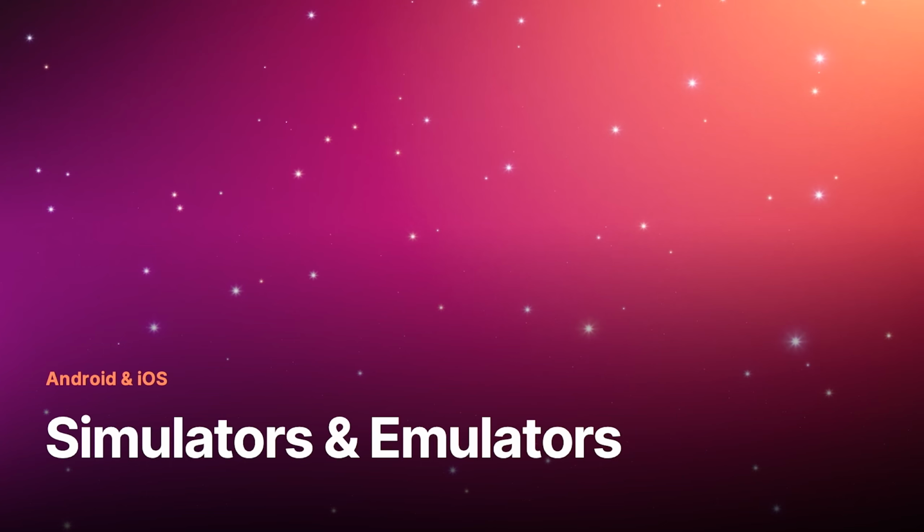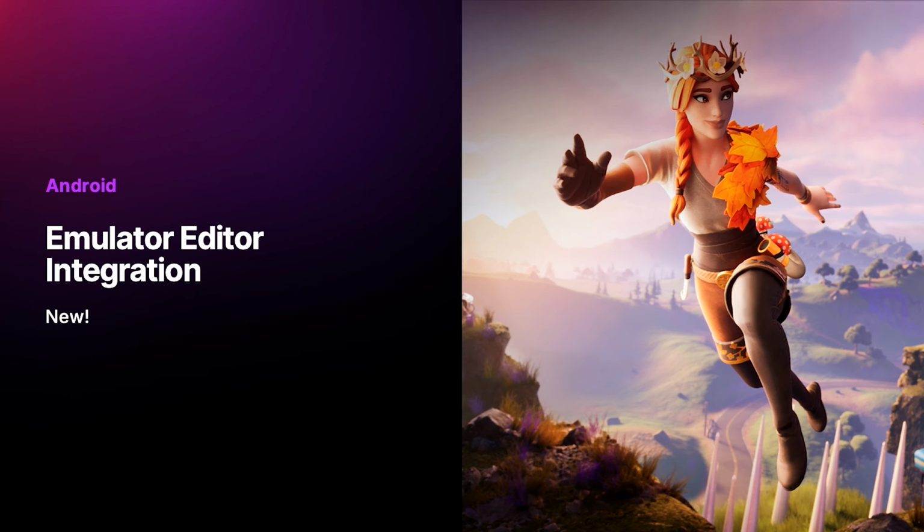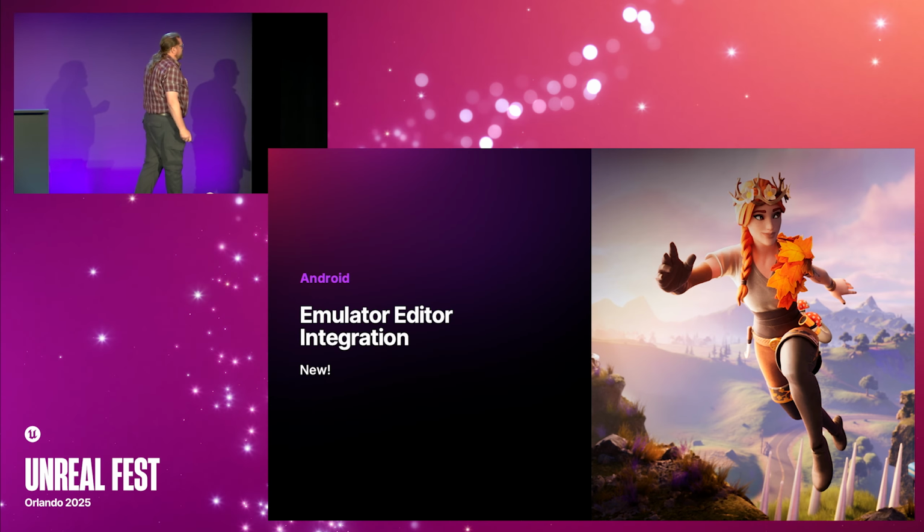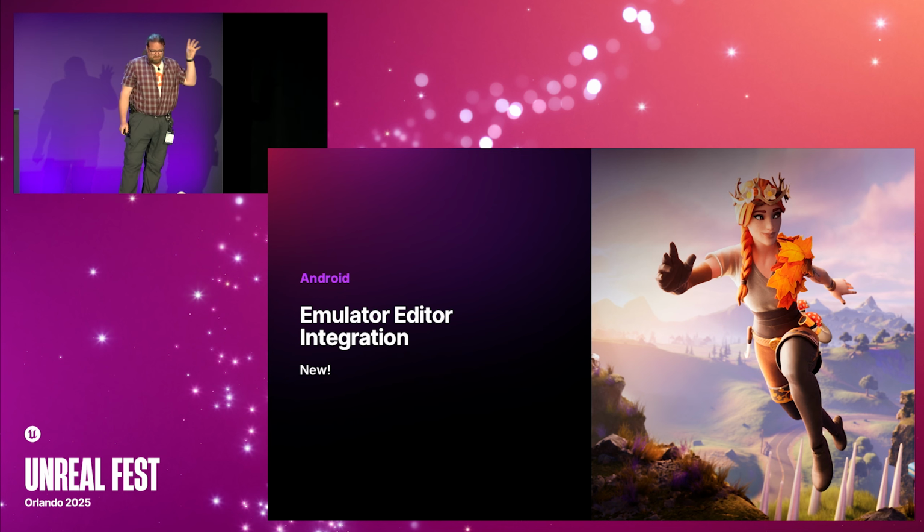Now let's get into simulators and emulators. There have been quite a few changes in this area for 5.6. Let's talk about Android. We've integrated the Android emulator into the editor, which is a great feature. It just shows up as a device.